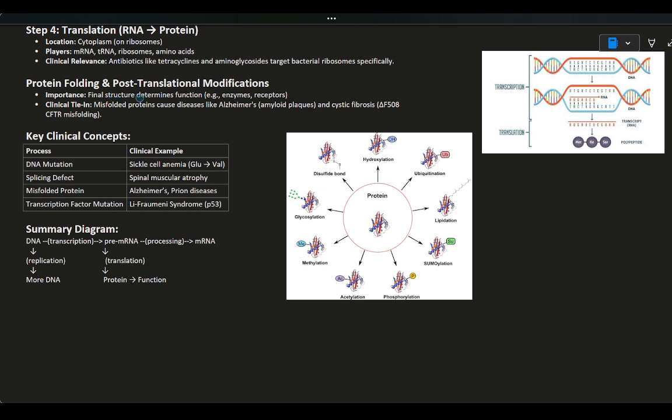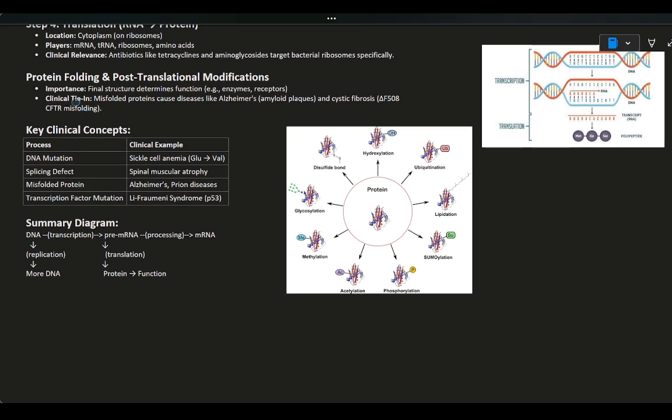This final structure will ultimately determine the protein is the FTR protein misfolding.